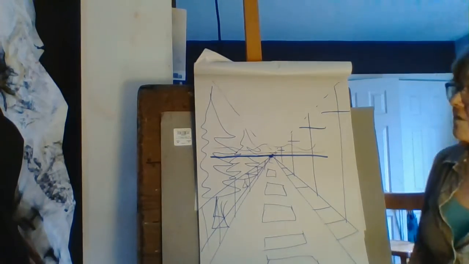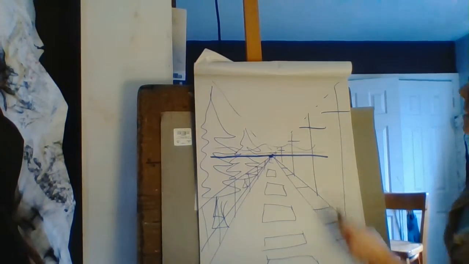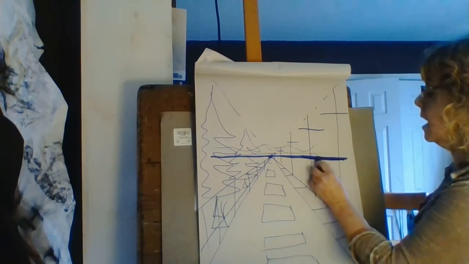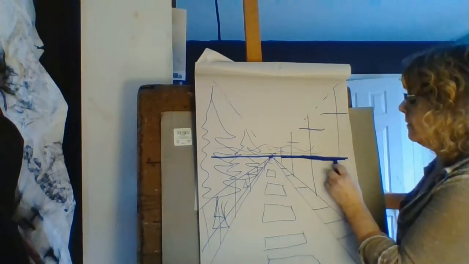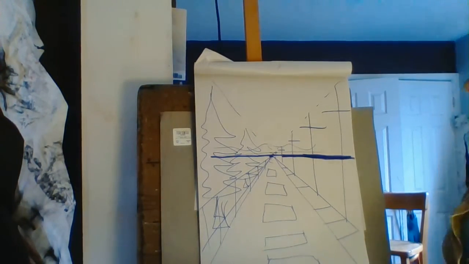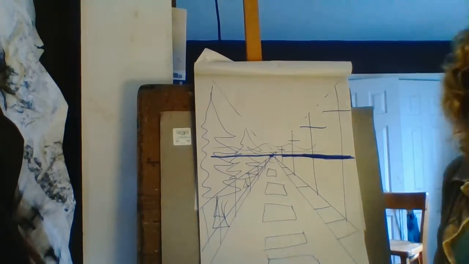All right, that's a very simple explanation of perspective. And the kids that are in sixth grade, they already know this because they did this when they were in fifth grade. But for the fifth and the fourth graders, this is a very simple explanation.